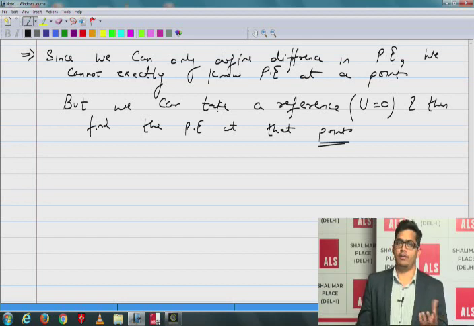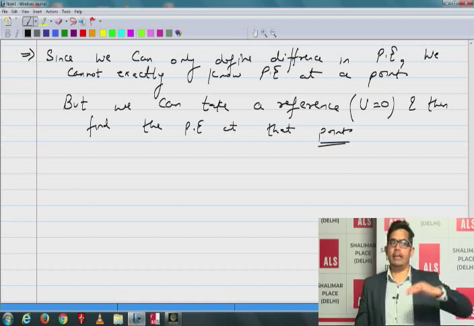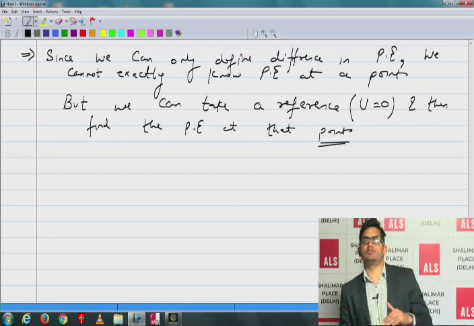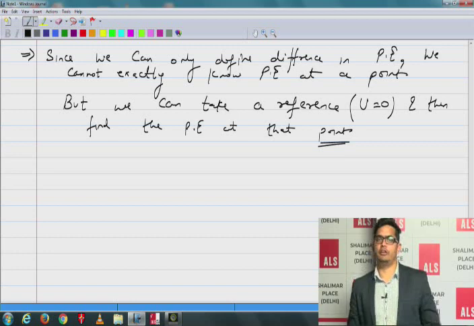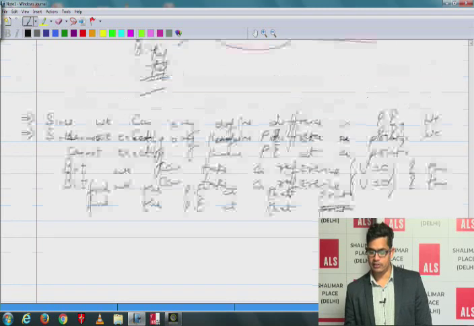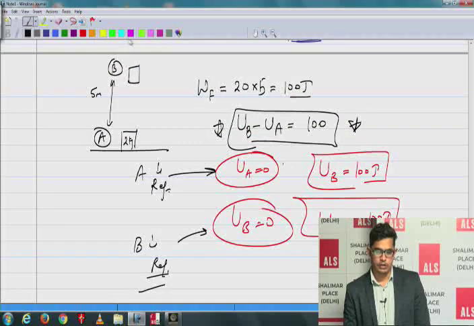We cannot. But what we can do, we can assume I'll take this as reference, and reference is a point which has zero potential energy. And from that reference point we can say A is 100 joules potential energy, or B is 100 joules. So I'll still take this example again, like this one.